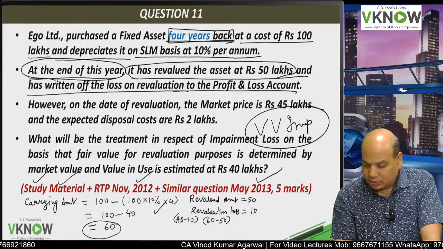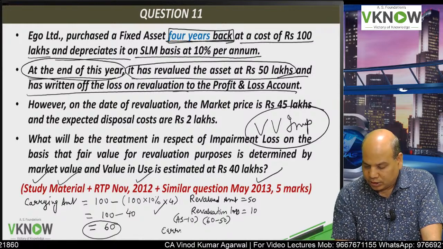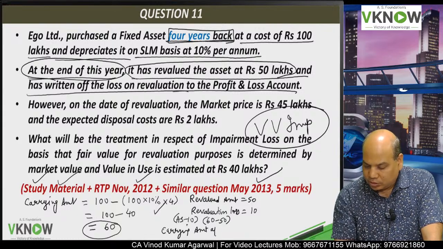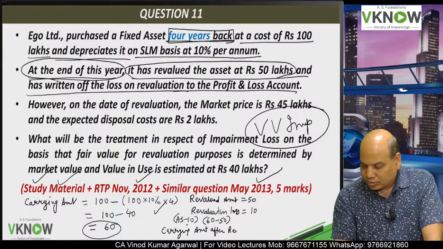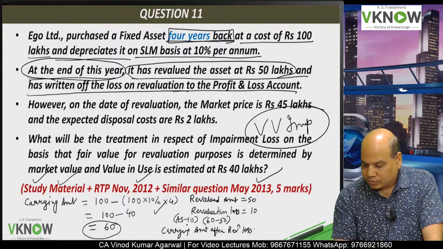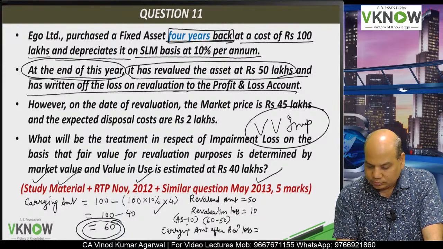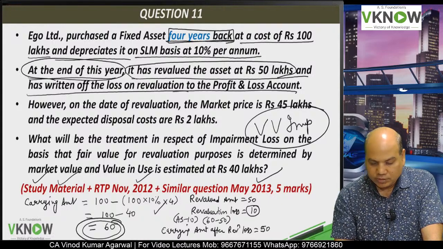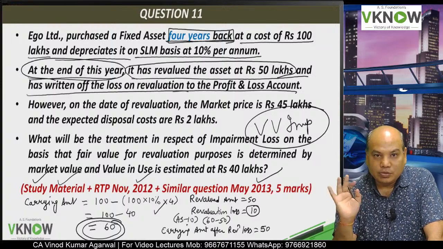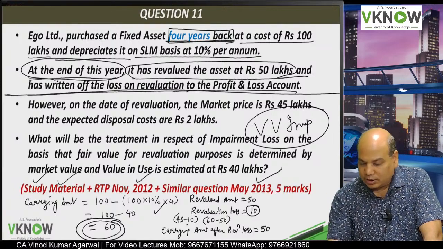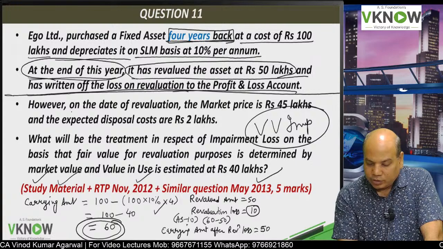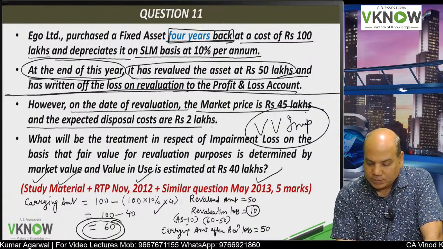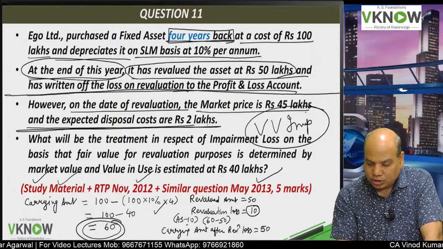So now, what will be the carrying amount after the revaluation loss? It was 60 minus 10, so now the answer is 50. Up to this is the revaluation adjustment. I will draw a line here. However, on the date of revaluation, the market price is 45 lakh and the expected cost of disposal is 2 lakh.